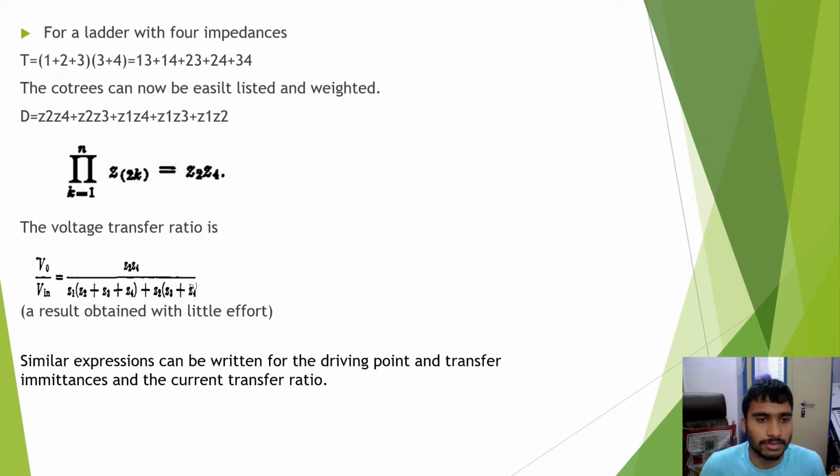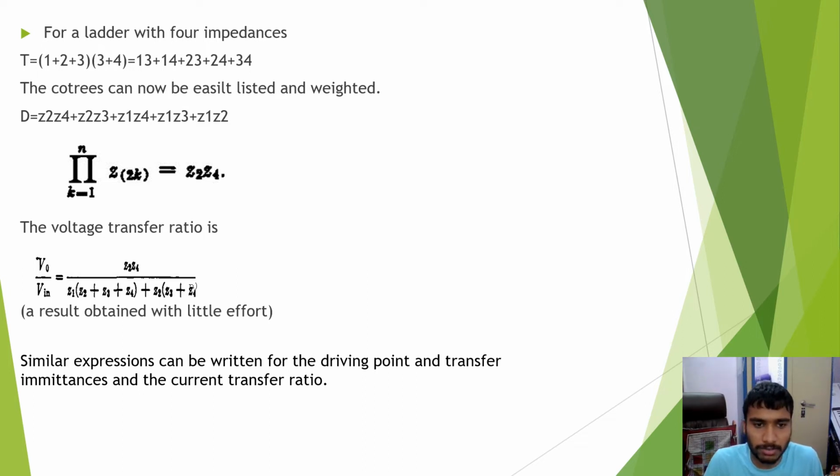The voltage transfer ratio is V naught by V in. This is equal to Z2 Z4 by Z1 into Z2 plus Z3 plus Z4 plus Z2 into Z3 plus Z4.